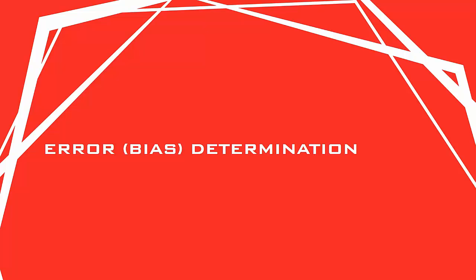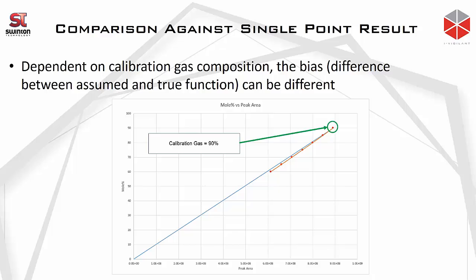We can compare the single point calibration result against the multi-level calibration result. Here's an example. Now, depending on the calibration gas composition, the difference in each range can be different.